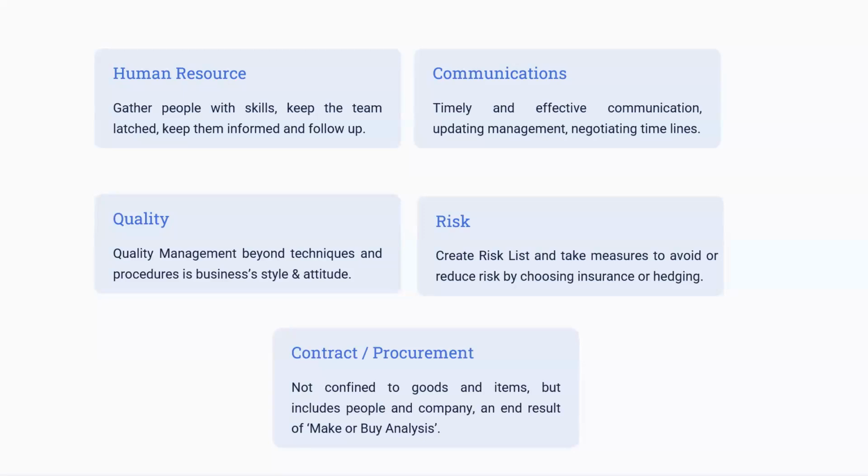The leader can keep the team intact, inform everything to the team, and make the team members communicate with each other in a very effective way. Complete information can be passed, and follow-up can be done. These things are achievable only if there is good leadership. So human resource is a very important factor and function.